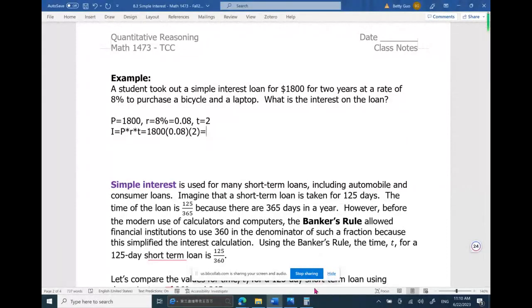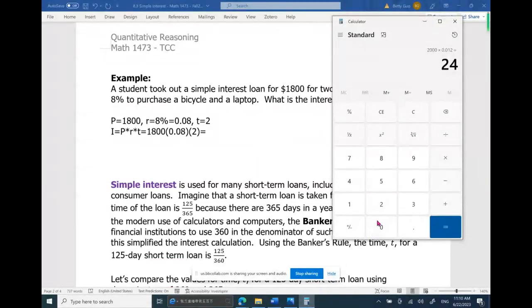Let's see, what do we have? 1800 times 2, we have 3600 times 0.08. I think I messed up the calculation.